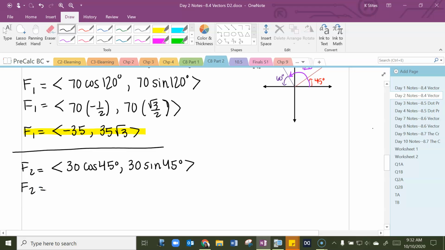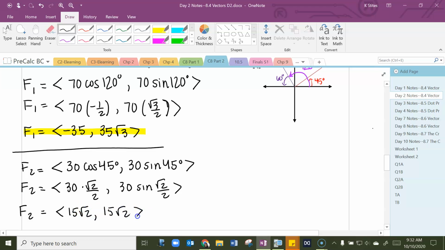And cosine and sine of 45 is √2/2. And so that means that when we simplify this, we're going to have 15 root 2 and 15 root 2. And that is our force 2, which you can put arrows over if you want.